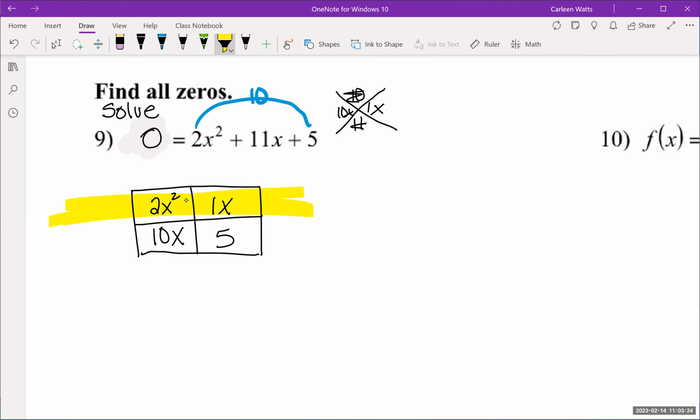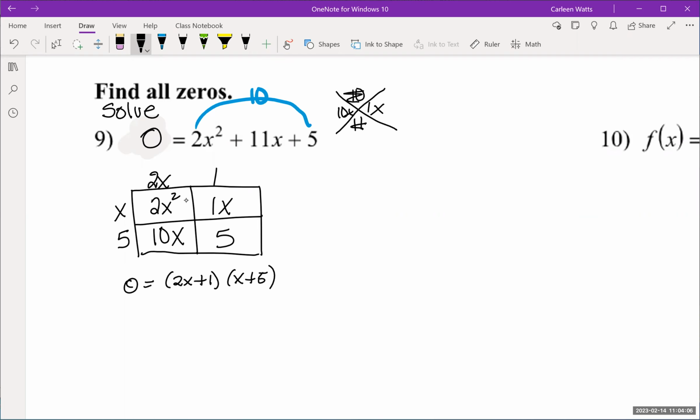The only thing they have in common is x. Factor the box. X times 2x is 2x squared. X times 1, 2x times 5. So bring it down. Don't forget the 0. 2x plus 1, x plus 5. Thank you.